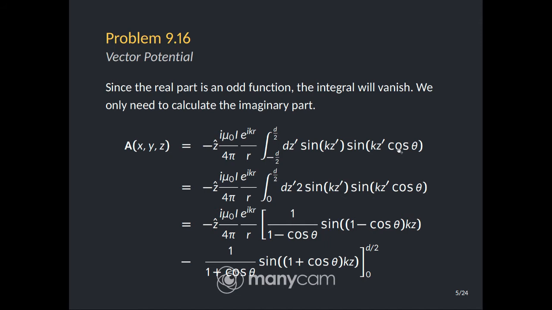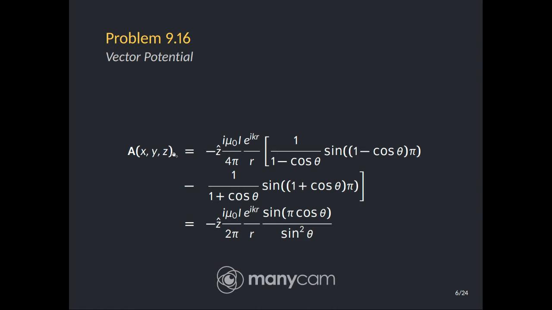After we change the integral region from minus d divided by 2 to d divided by 2, to 0 to d divided by 2, since the function is an even function, and integrate, taking the upper and lower limits, we get that our vector potential is equal to i mu 0 divided by 2 pi times the current times exponential ikr divided by r times sine of pi cosine theta divided by sine squared theta.